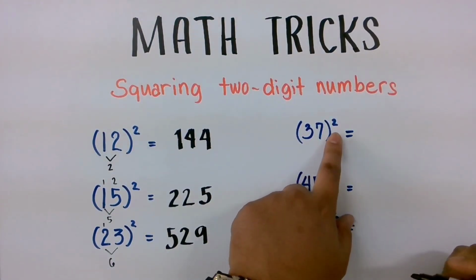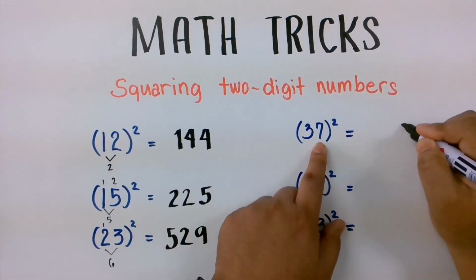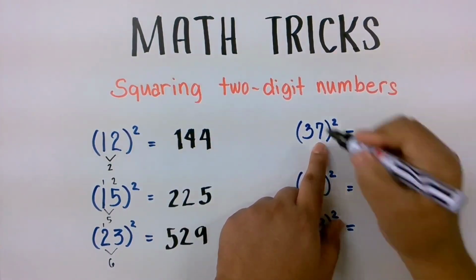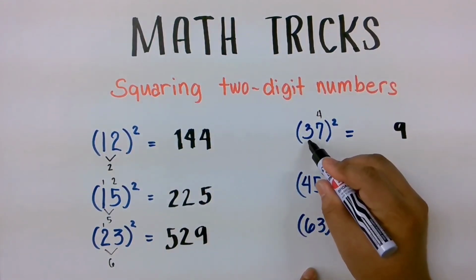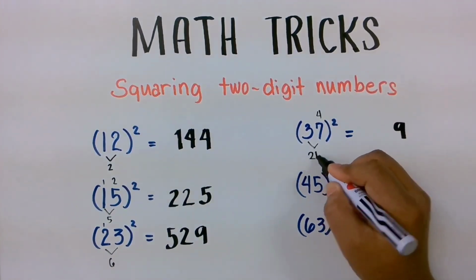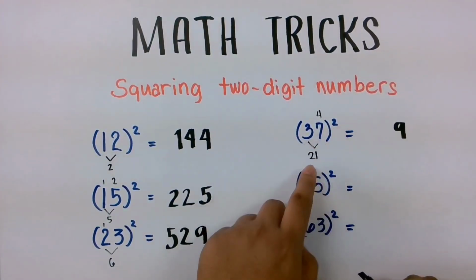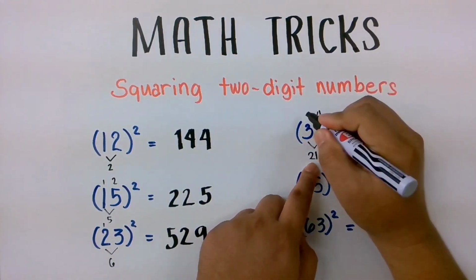So, how about this one. 37 squared. So, square of 7 is 49. So, let's write 9 here. And carry 4 natin. Lagyan natin doon yung 4 muna. Okay? Tapos, i-multiply natin silang dalawa. 3 times 7 is 21. Then, i-multiply natin yung 21 sa 2. 21 times 2 is 42. So, lagyan natin dito yung 1's digit. And carry yung 10's digit.